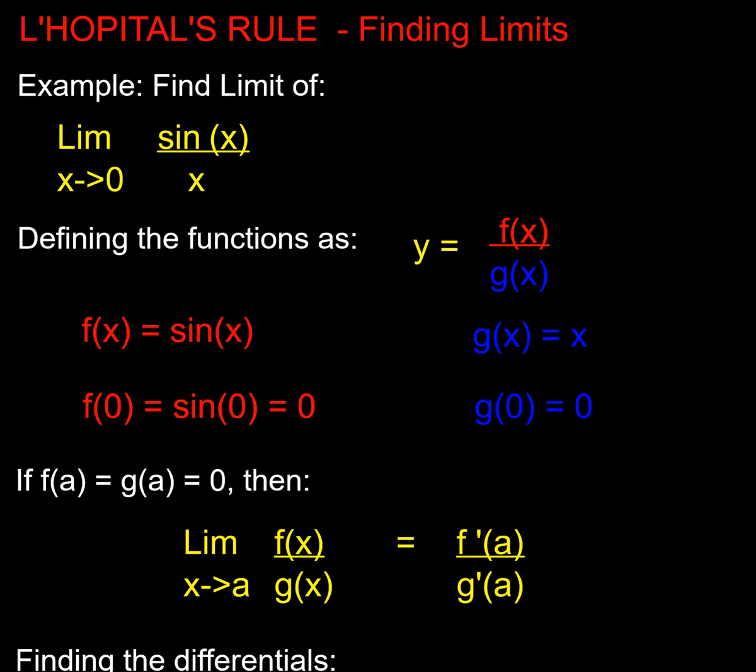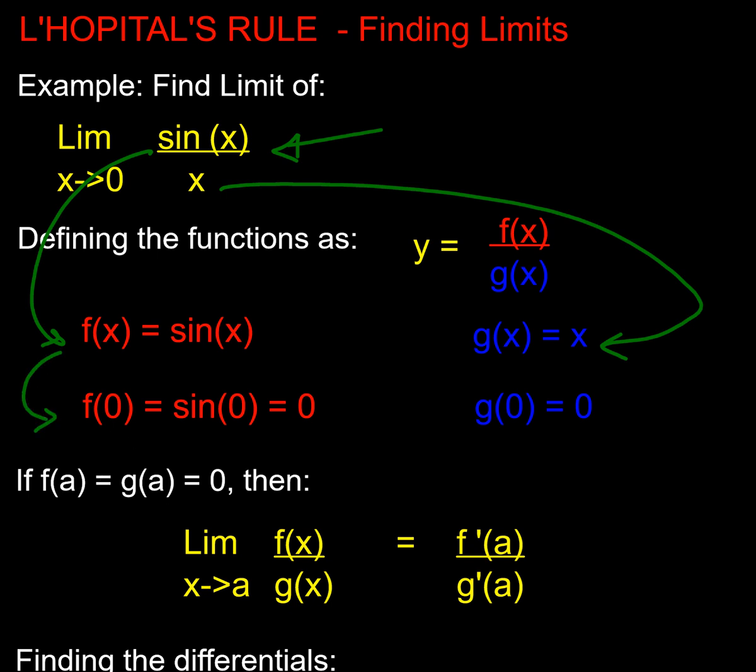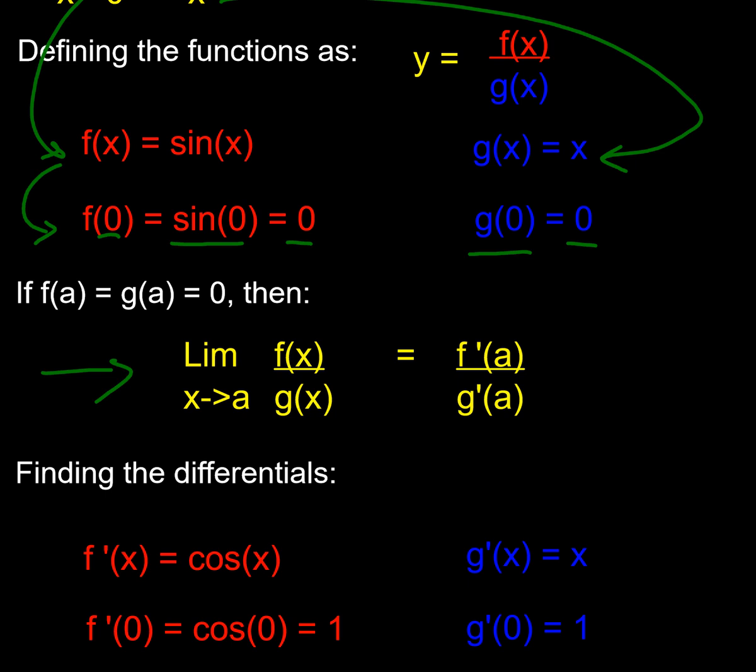So let's do that with our example. There's our example. My numerator is going to be f of x, so that's sine of x, and my denominator is going to be g of x. It's going to be x there, isn't it? And if I just re-verify, when x equals 0, the numerator is going to be 0, and the denominator is going to be 0. That means I can use L'Hopital's rule.